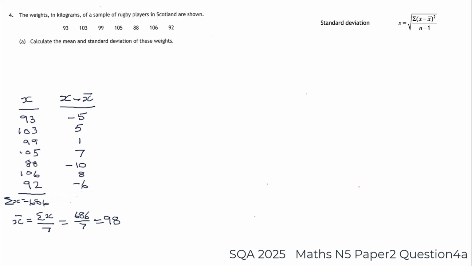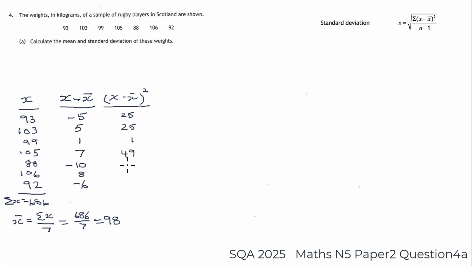So what's next? We're told that we must add up all the squares of these deviations from the mean. So that's the next column. It's these deviations that we've just discovered, and we square them. So negative 5 times negative 5 is 25. 5 squared is 25. 1 squared is 1. 7 squared is 49.